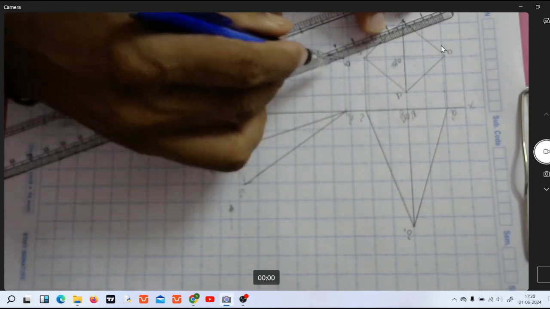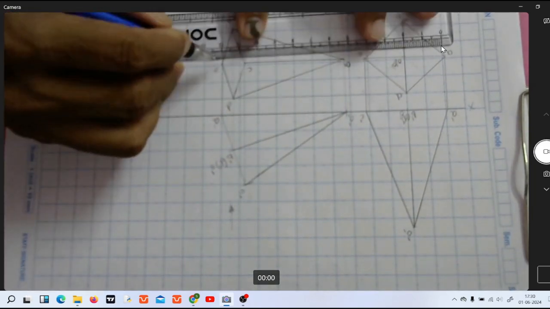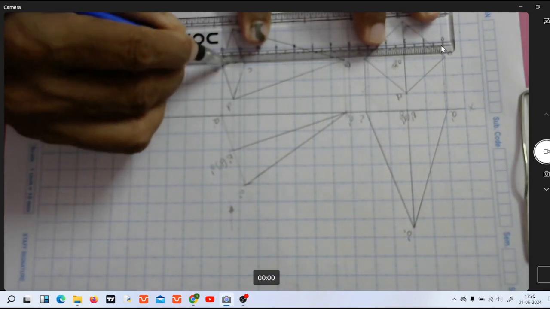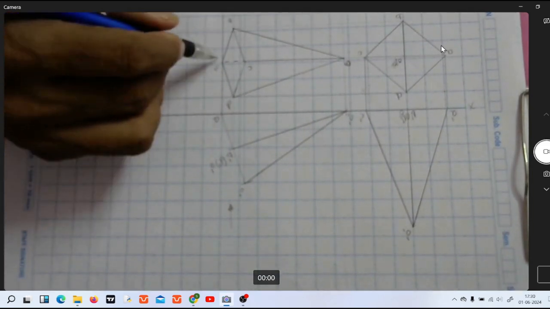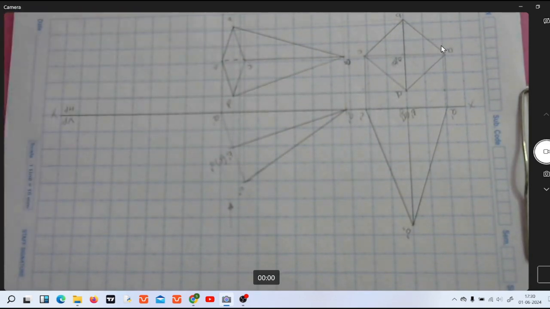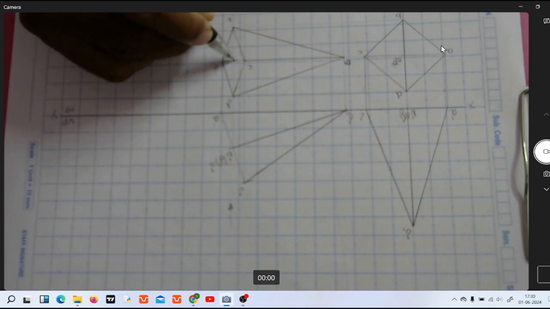Now the hidden slant edge is the one which is resting on HP. Anyway, the slant edges O1C as well as O1A are coincident. Only for some portion it is going to be hidden. Even though you mark the axis also, it is O.